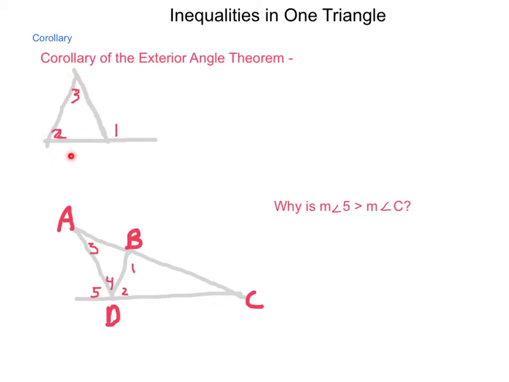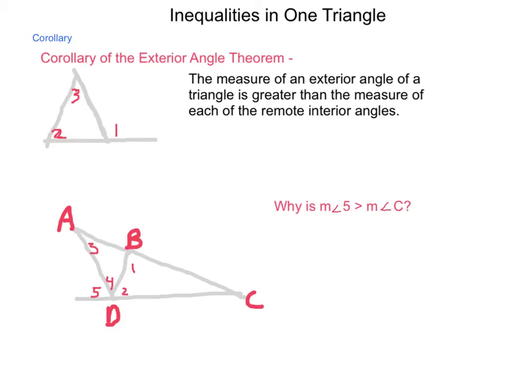So, using inequalities, the corollary of the exterior angle theorem would state the measure of an exterior angle of a triangle is greater than the measures of each of the remote interior angles.